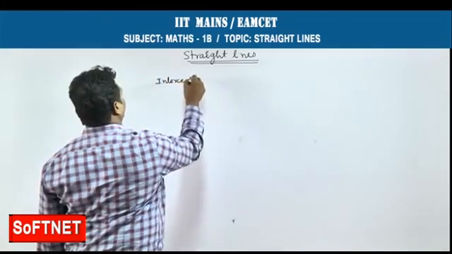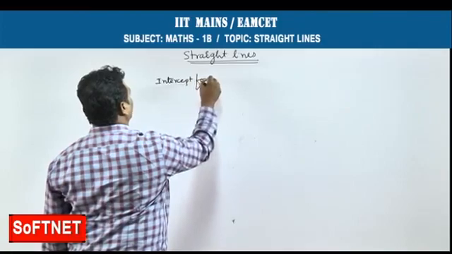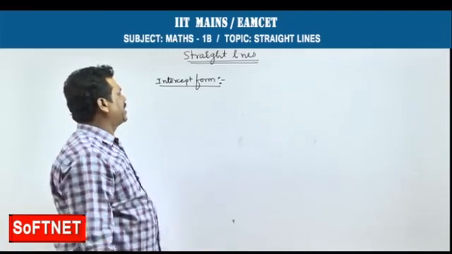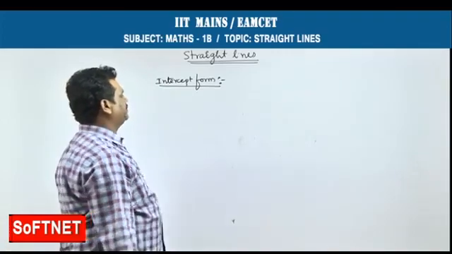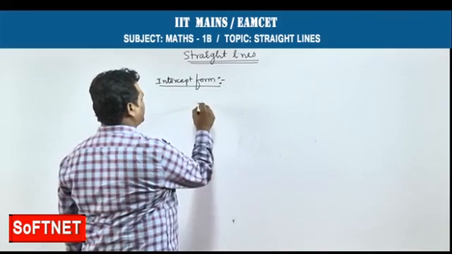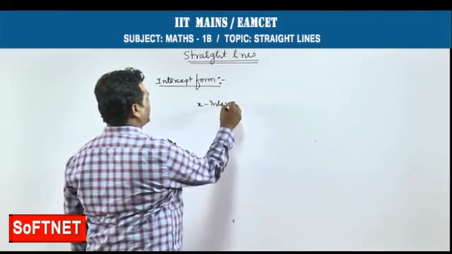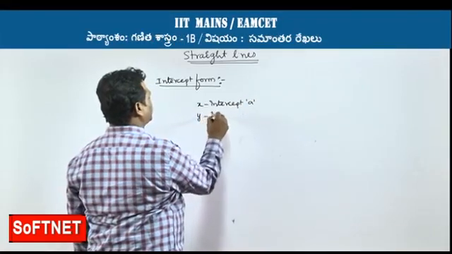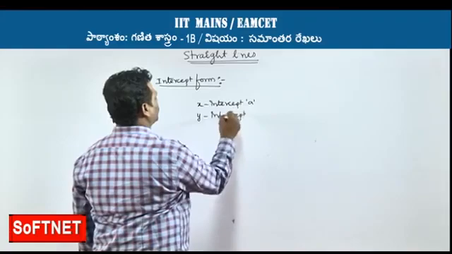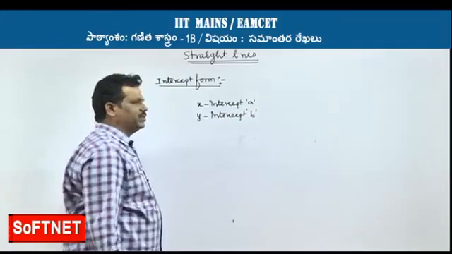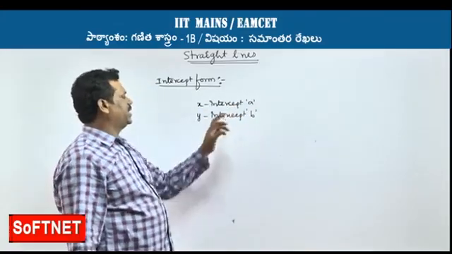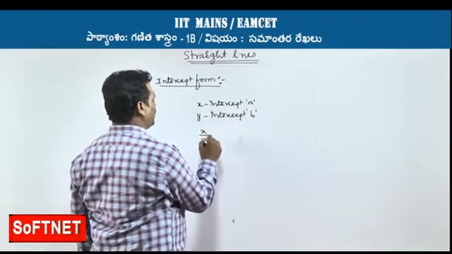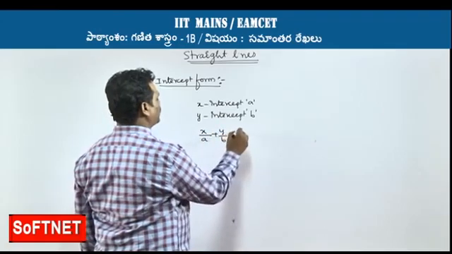Intercept form. What is the intercept form of a straight line? The equation of the straight line having x intercept small a and y intercept small b is x by a plus y by b equal to 1.